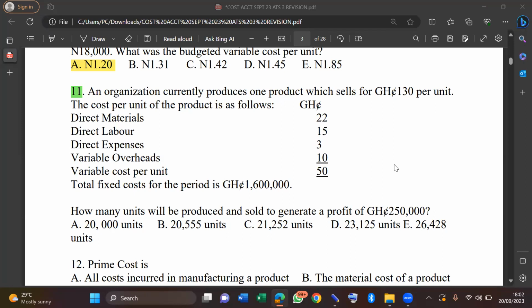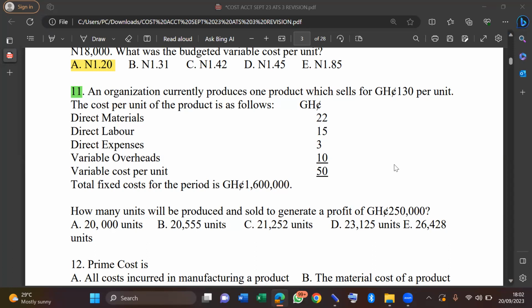Esther has taken the selling price of 130 per unit minus the variable cost to get the contribution, then added the total fixed cost plus the targeted profit, divided by the contribution per unit.